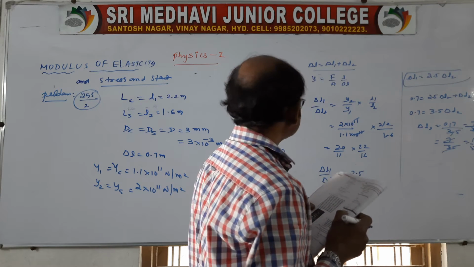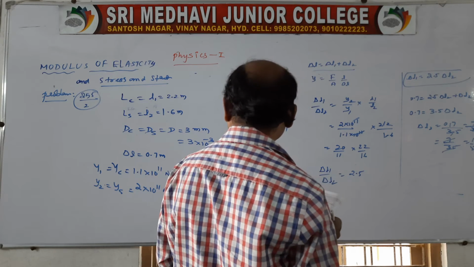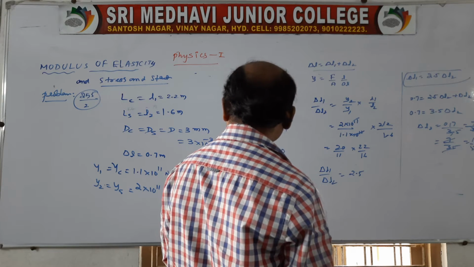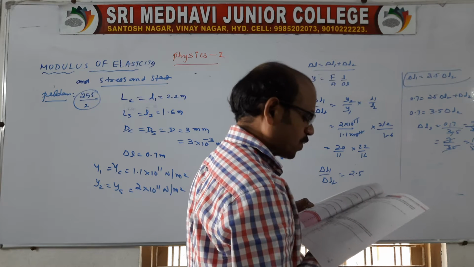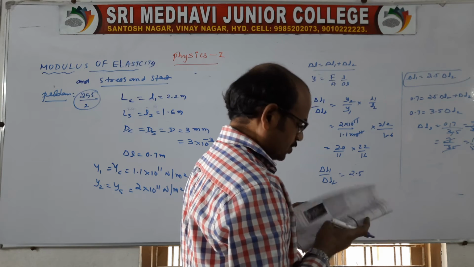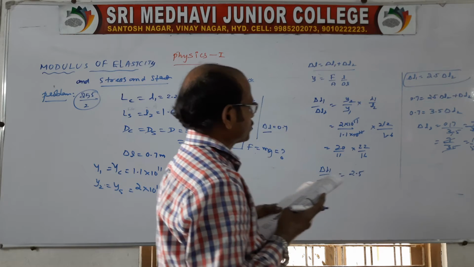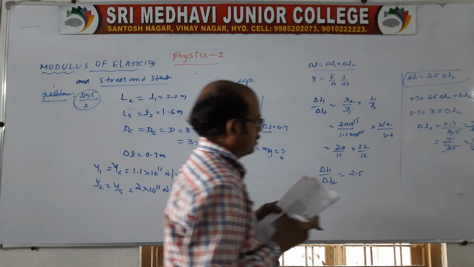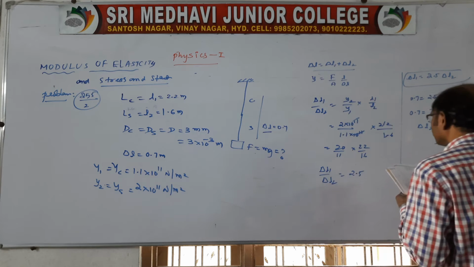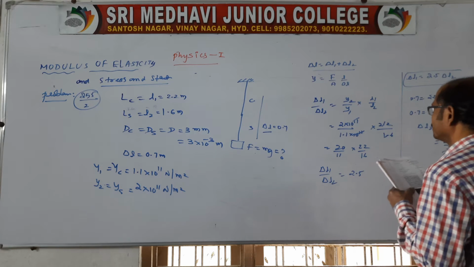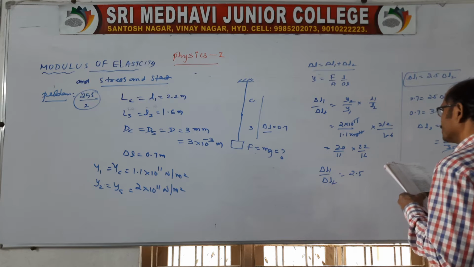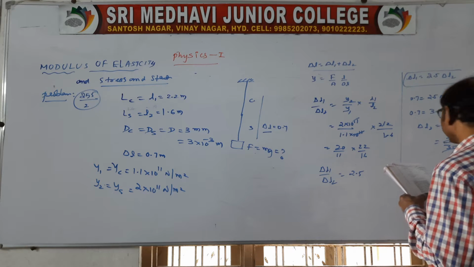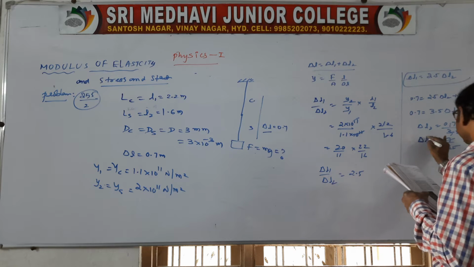Delta L is given in mm, I think. Once look at delta L, it is only meters. So here we get delta L2 approximately, and 0.7 into 10 power 3 is not required. So it is delta L2.